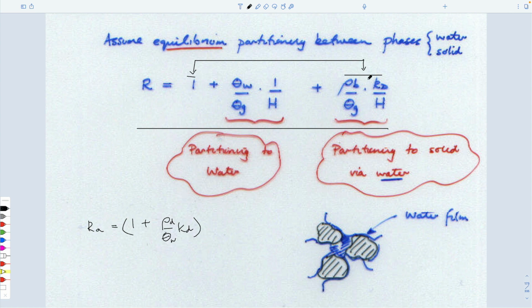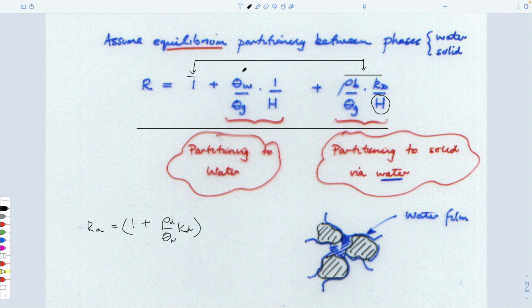And so these two parts here that I just outlined as one and this, all it changes by is this non-dimensional value of Henry's law coefficient. So this is saying that the equilibrium between the liquid and the solid is given by this, and this is that pathway, partitioning from water to solid.